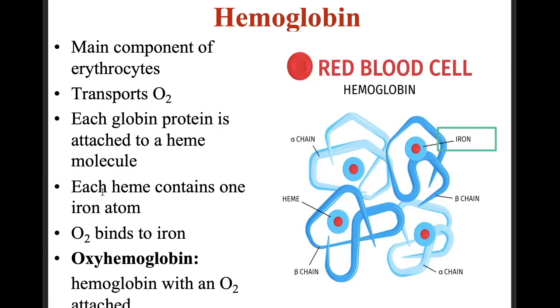It says here each heme contains one iron atom, which is this one. Now, the O2 binds to your iron. Once that happens, we will have oxyhemoglobin, the hemoglobin with an oxygen attached. So that is your hemoglobin.